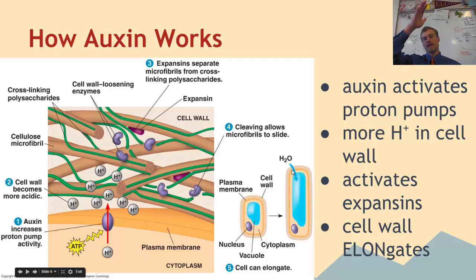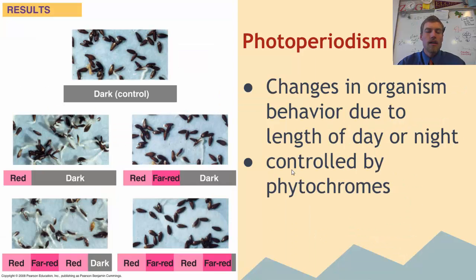And what happens is that because this is happening all along the shaded side, all of those cells elongate, and that causes the plant to tip over towards sunlight, towards whatever other light there is.